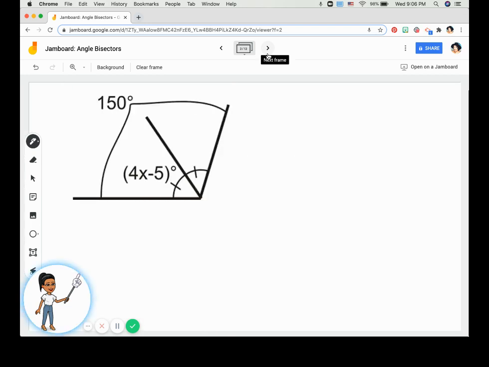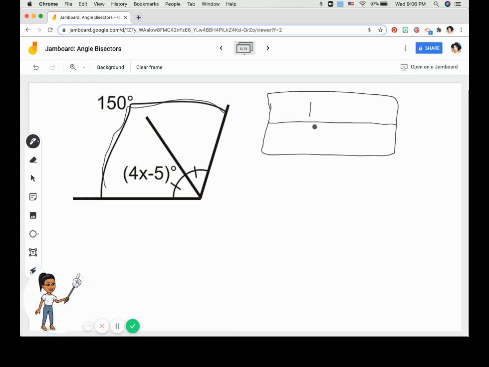So here we have another situation, and we are going to be doing our part-whole model again. So the whole thing is going to equal this whole thing right here, 150 degrees. And it's broken up into two parts. We can say that this is part 1, this is part 2. Part 1 is 4x minus 5.